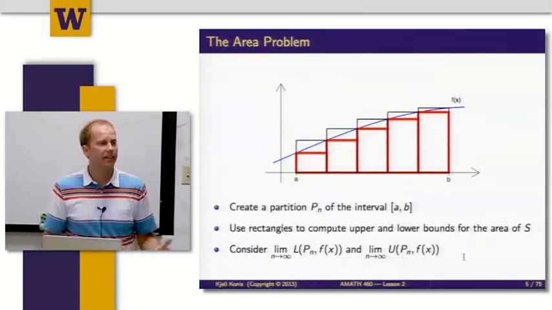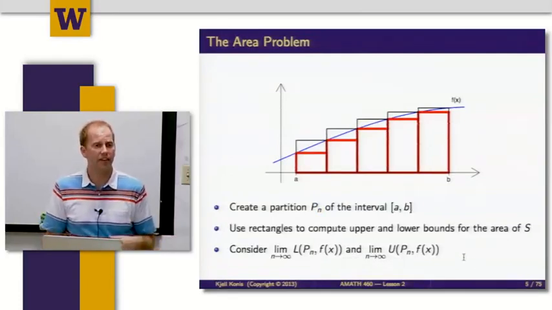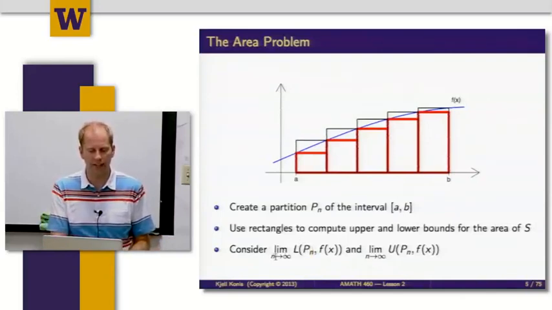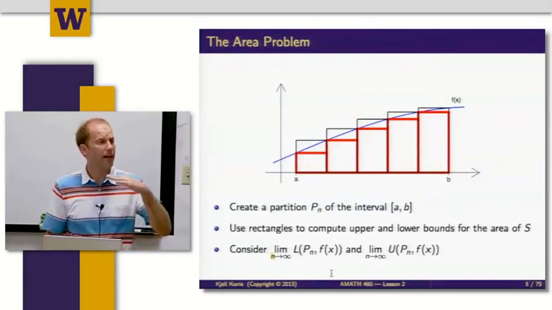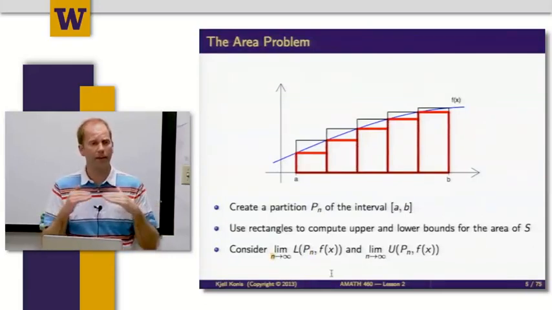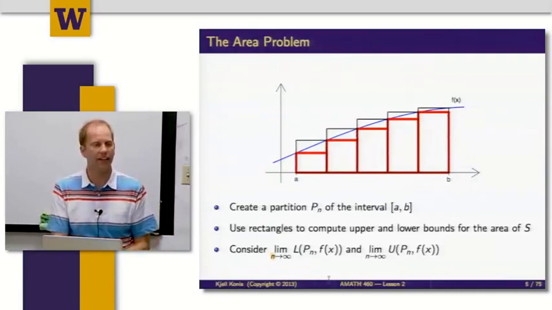And then the idea is to look at what happens as I make my partition finer and finer. So this P sub n, with n going to infinity. My upper bound for this area is coming down as n goes to infinity, and the red rectangles, my lower bound, is going up as n goes to infinity.